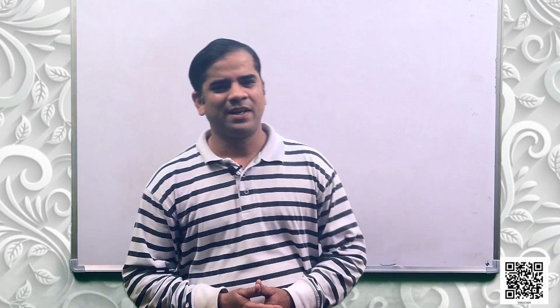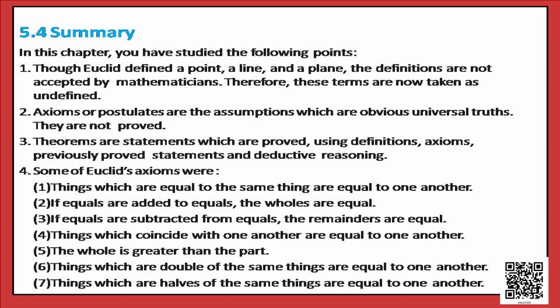Before that, let us discuss the summary again. In this chapter, we have studied the following points. Though Euclid defined a point, a line and a plane, the definitions are not accepted by mathematicians. Therefore, these terms are now taken as undefined.